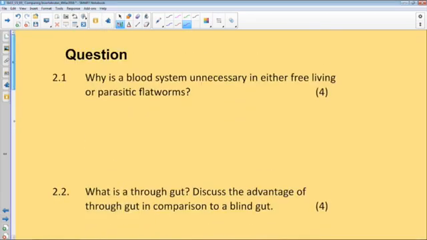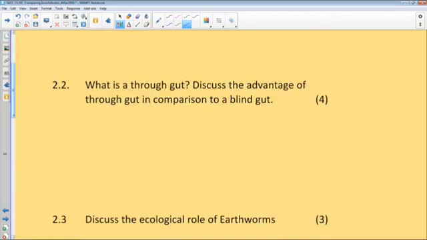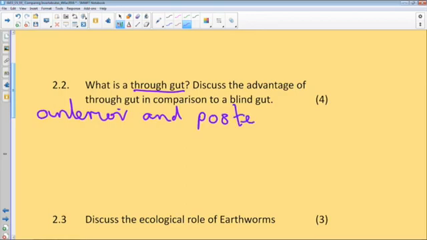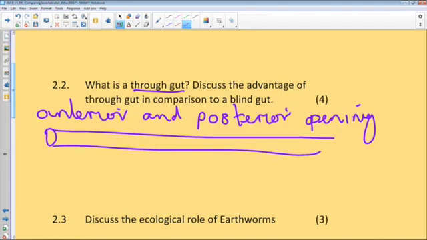So again, we've got to discuss what is a through gut. A through gut is a digestive system which has an anterior and a posterior opening. And what that essentially means is that food now enters from one end and it goes through to the other end where it can be digested.